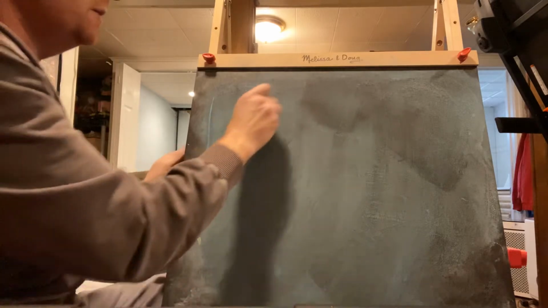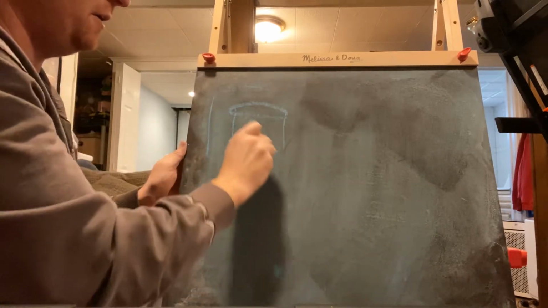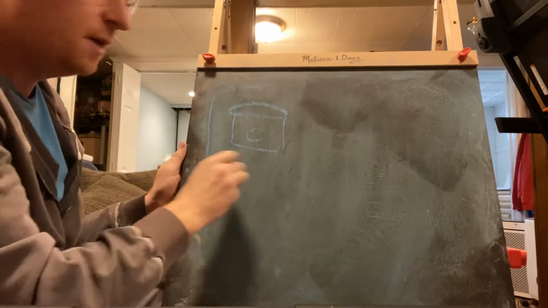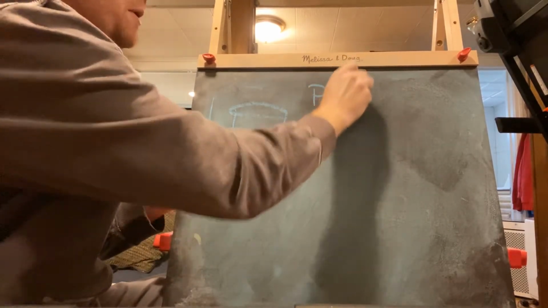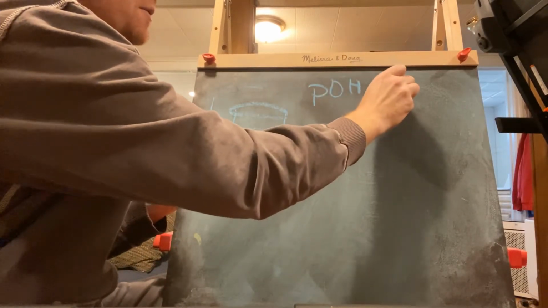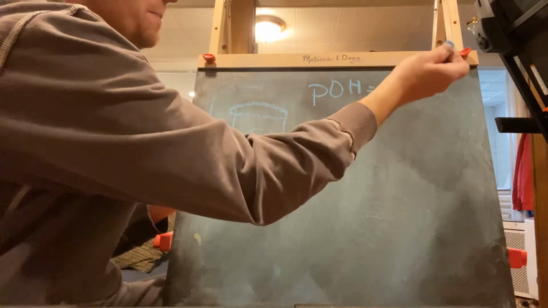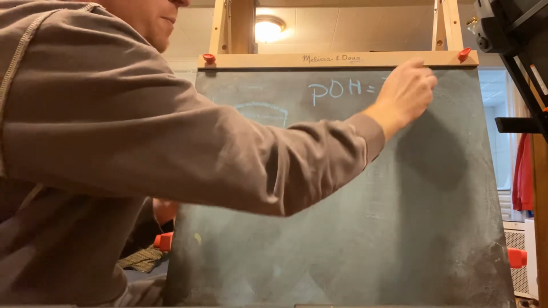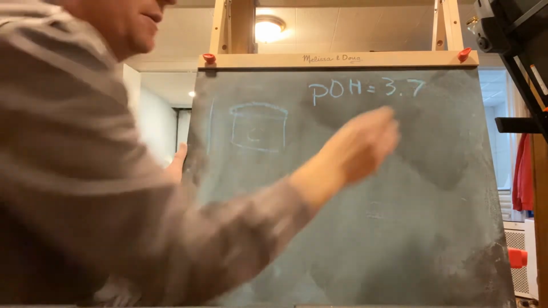Okay, so let's say we got another container, solution C, and we know the pOH is 3.7.